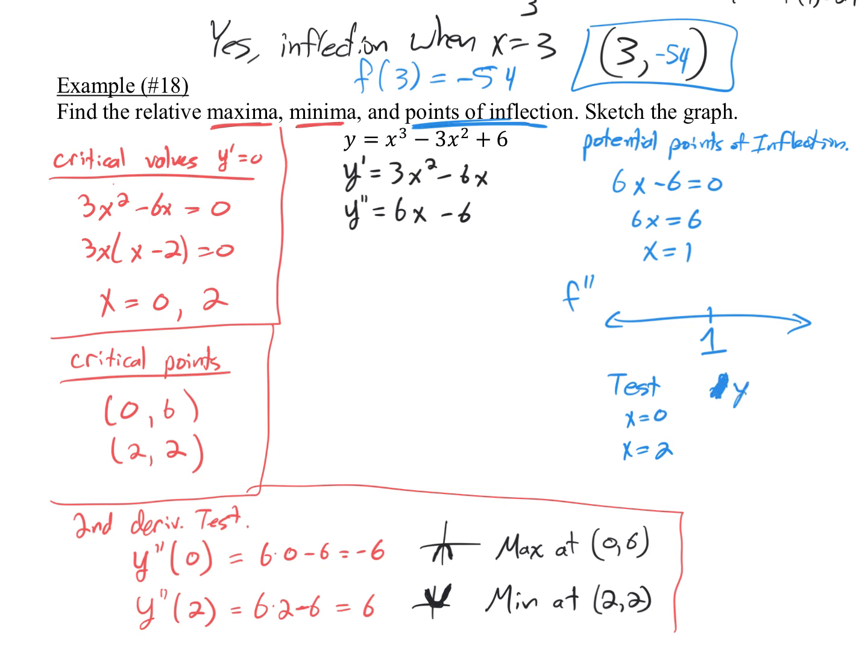It's not f, it's y double prime, and it's going to be negative 6, so we have negative numbers to the left of 1, and it's going to be positive 6, we have positive numbers to the right of 1.